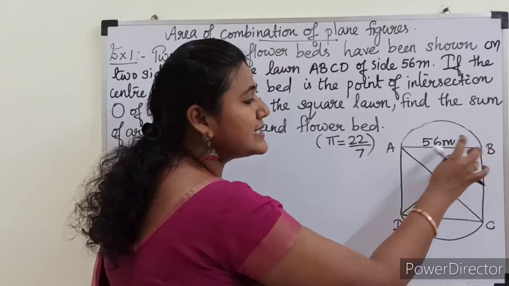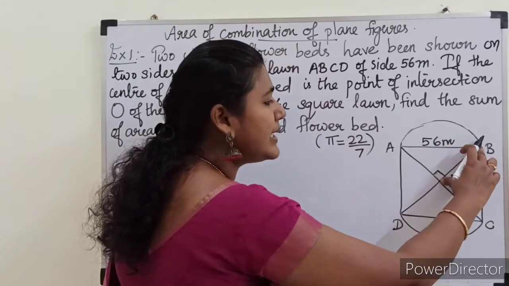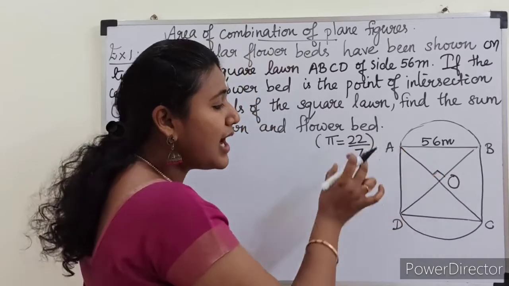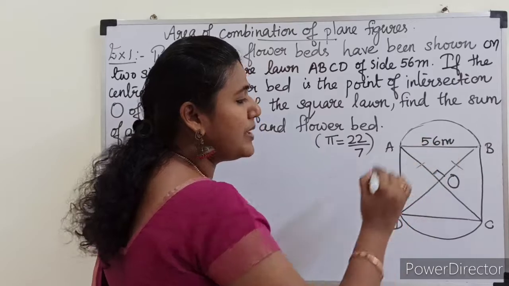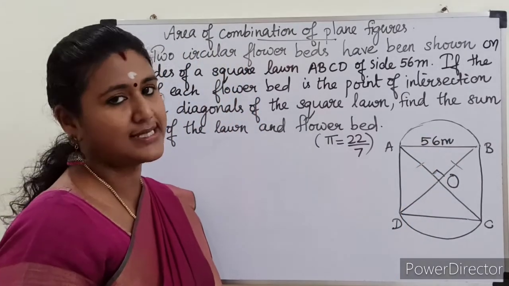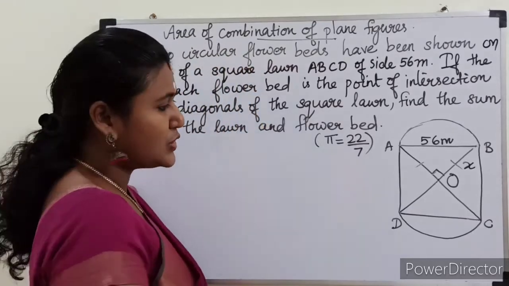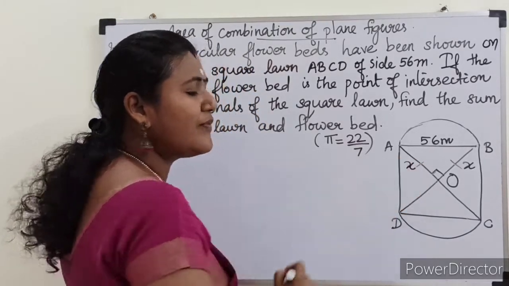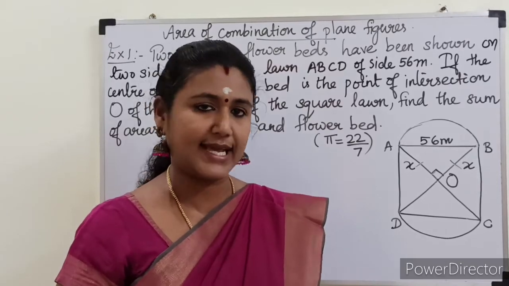This is a right angled triangle, and OB and OA are radii, so these two sides are equal. Here we will denote this length as x, so this is also x. Now we will use the Pythagoras theorem to find the value of x.